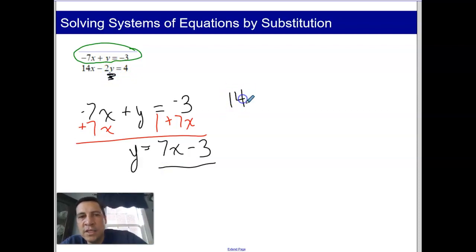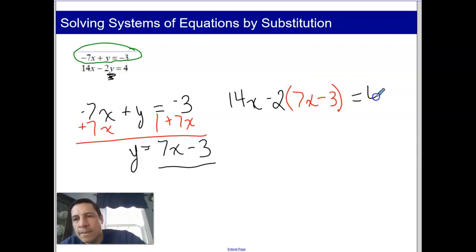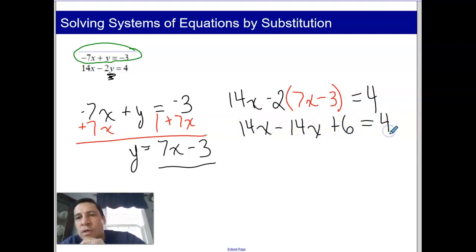So 14x minus 2 times 7x minus 3 is equal to 4. All right, let's distribute: 14x minus 14x plus 6 equals 4.